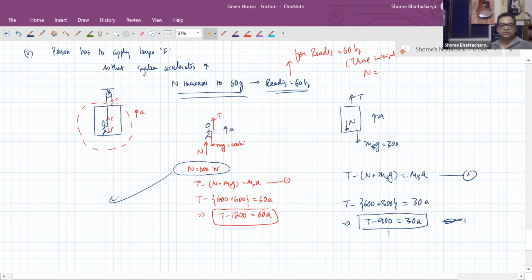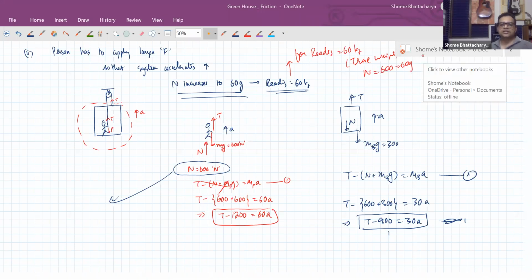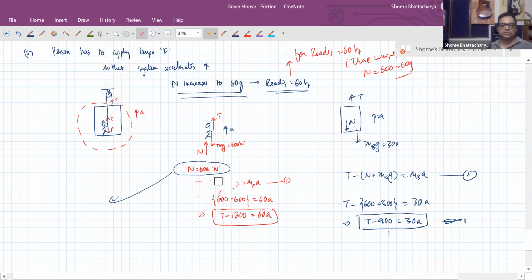This equation is wrong. Wait, this has to be 600 or 60 G. Understood now? That is the condition now, the second part. Okay, wait, that's why we are getting an odd answer. This equation only was wrong.